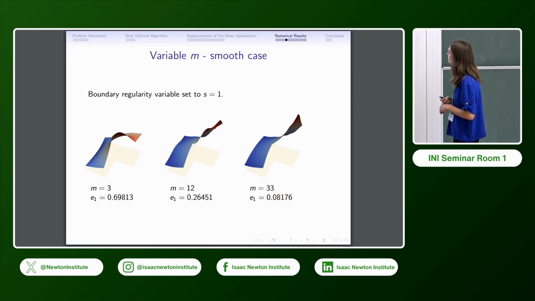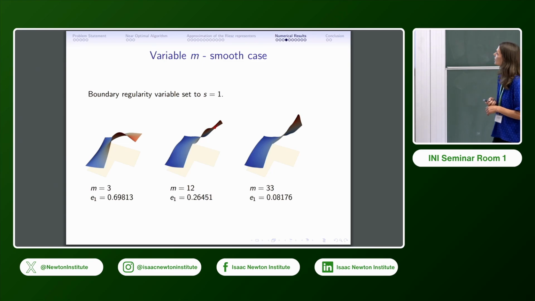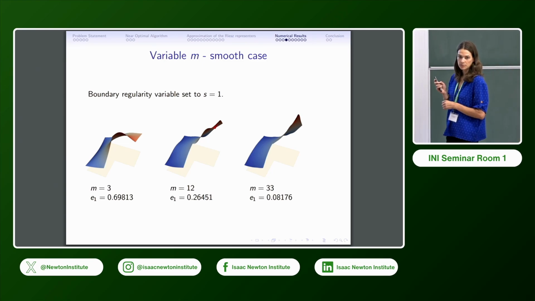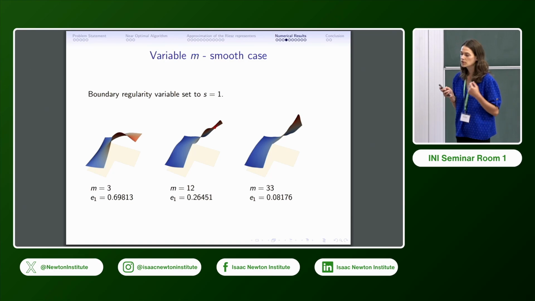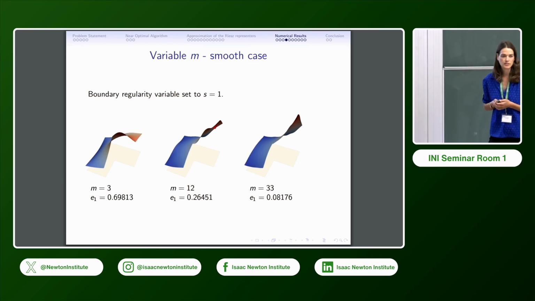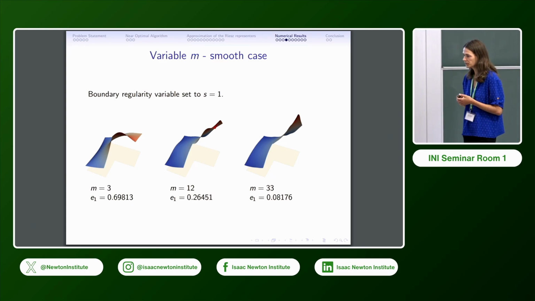So maybe let's look at a picture. This is the case where I fix S, so S is 1, but I change the number of measurements. Here you have only 3 measurements, here you have 12, and here you have 33, and you have the corresponding error, and you see a nice decrease of the recovery error.